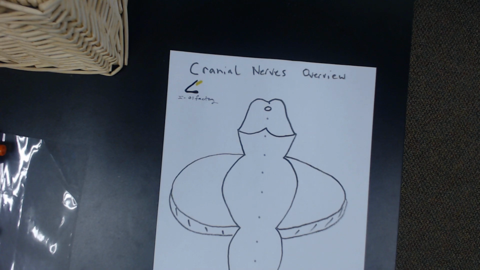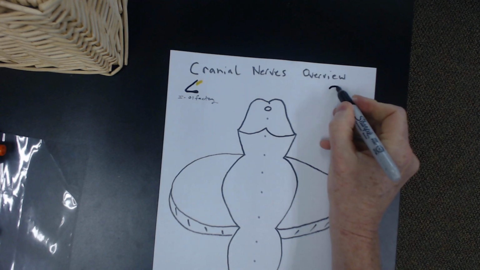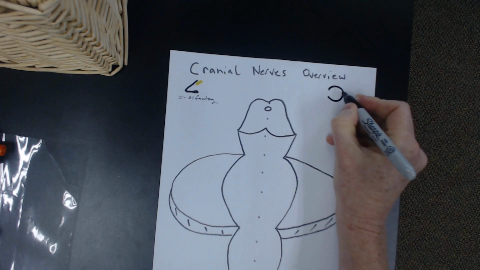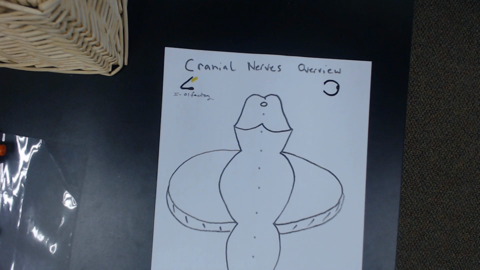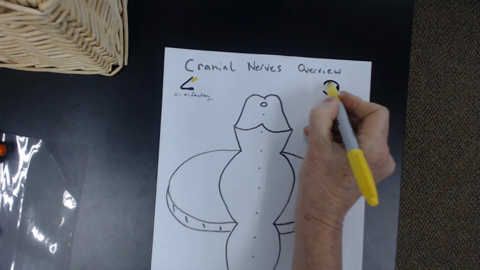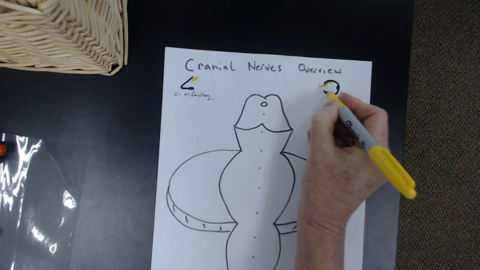Okay, second cranial nerve. Anybody know the second cranial nerve? Optic, awesome. So here's going to be my rendition of an eyeball. And we will cover all about the structure and function of everything in the eye when we get to the visual portion of the course. But for the most part, the second cranial nerve comes from the retina of the eye, or neurons in the retina of the eye, and it projects backward through the hole in the back of the eyeball.